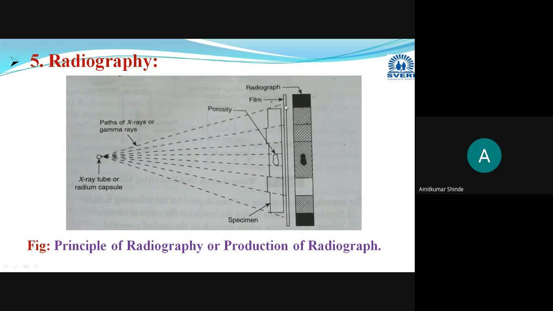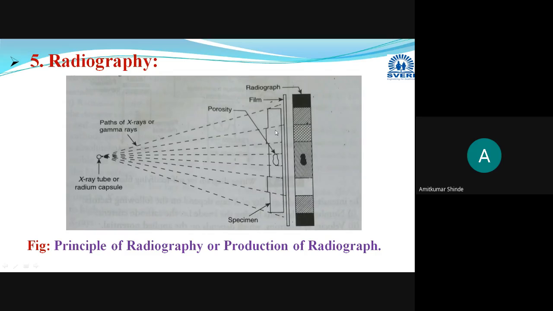After some time this film is developed, and the developed film is termed a radiograph. By observing and analyzing these films, you can detect the location of the defect, and its shape and size, depending on the pattern obtained.